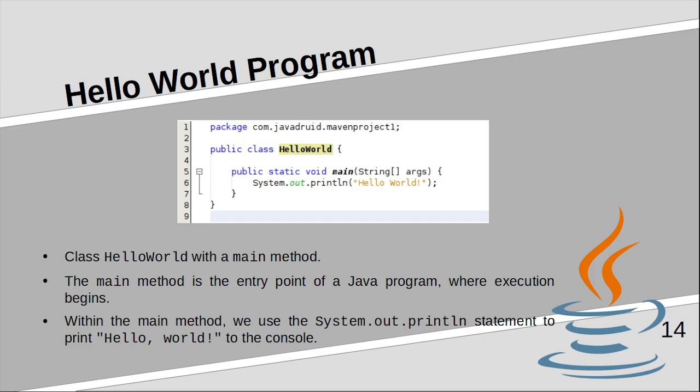There are some conventions, but basically the package can be anything. It says in line 1 com Java Druid. Usually it's the reverse fully qualified domain name, and then the project name. In this case, it's just maybe project 1, a very generic name.